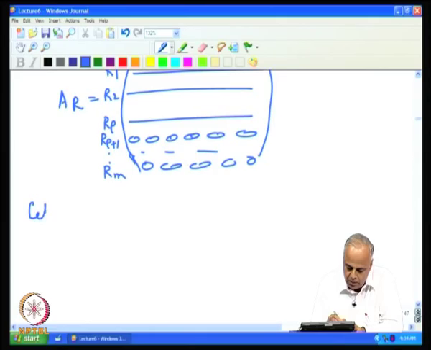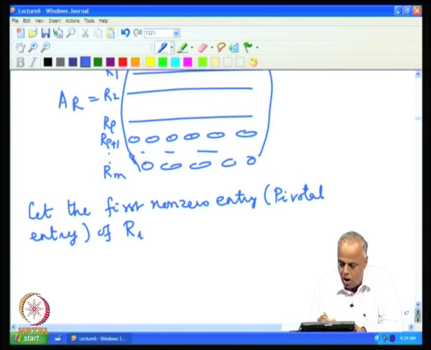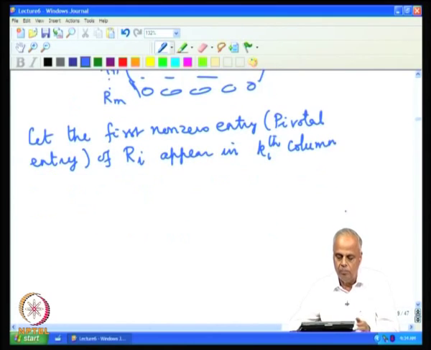So, let the first non-zero entry, which we called the pivotal entry of row r i, appear in the k i th column.